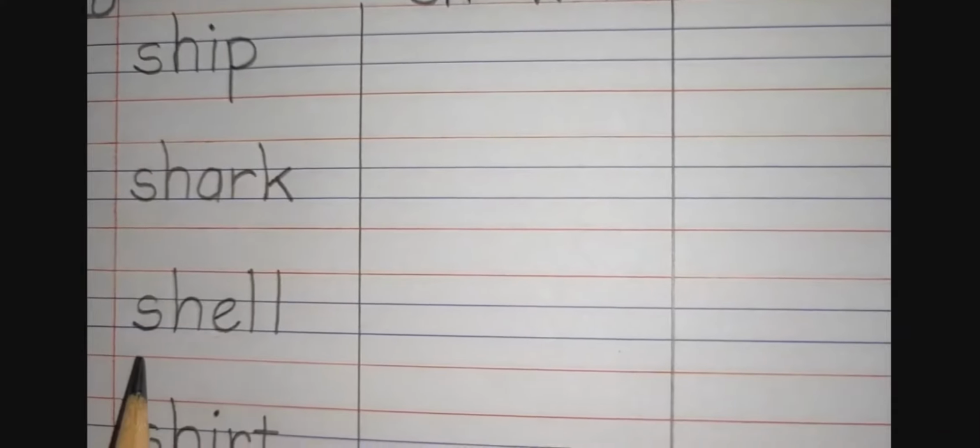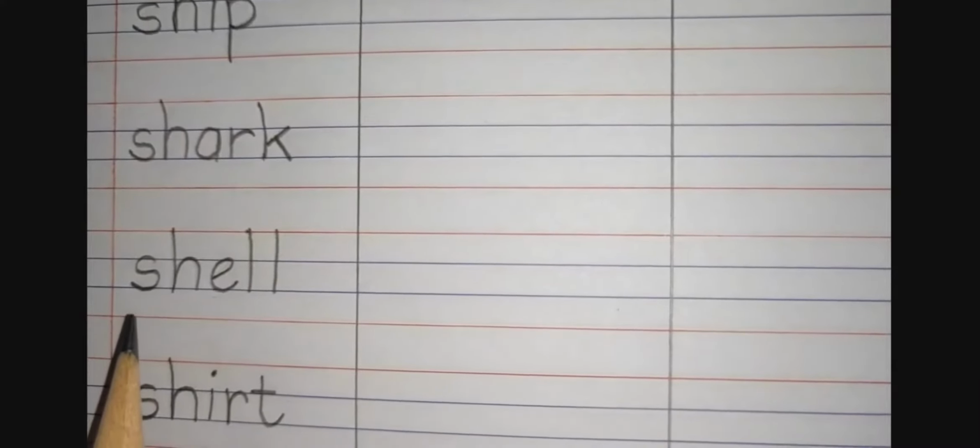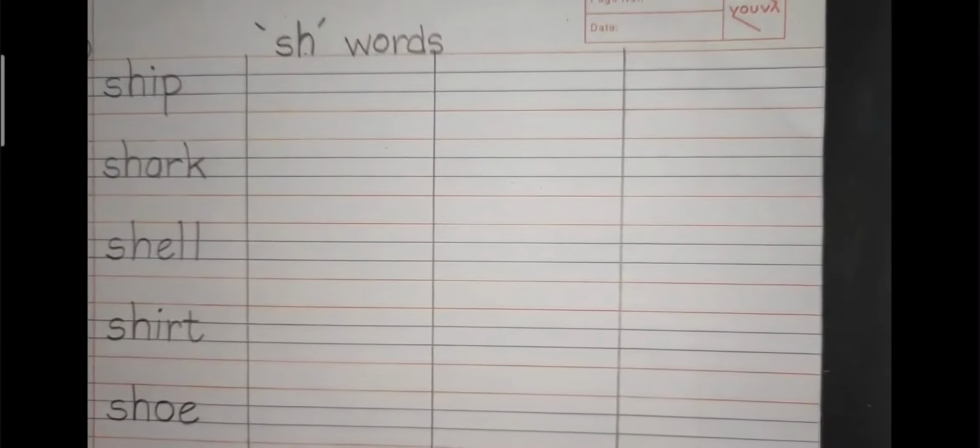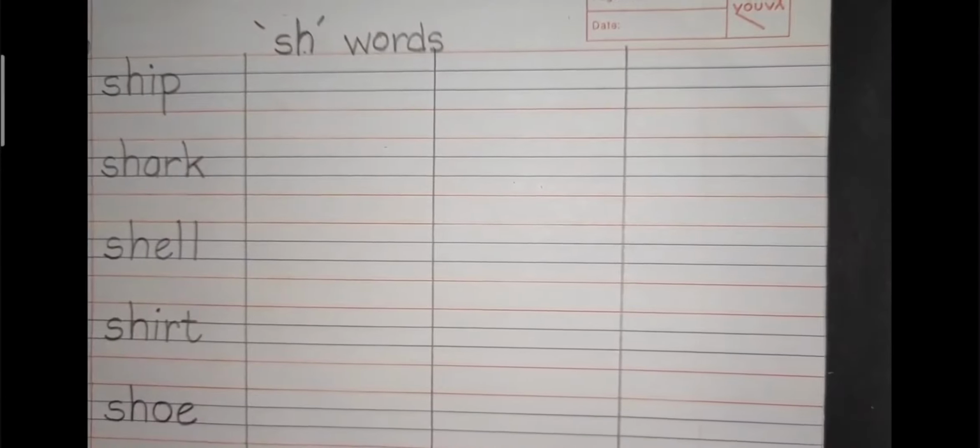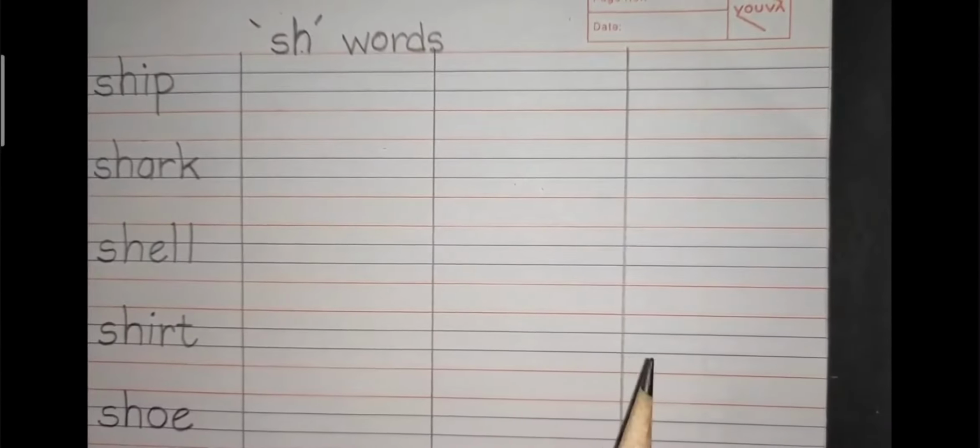Then shell. S-H-E-L-L. Shell. Shirt. S-H-I-R-T. Shirt. Then shoe. S-H-O-E. Shoe. Children, now you have to write same set of SH words in the remaining columns.